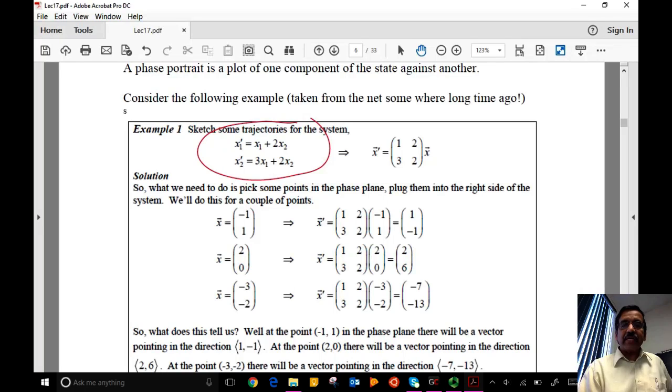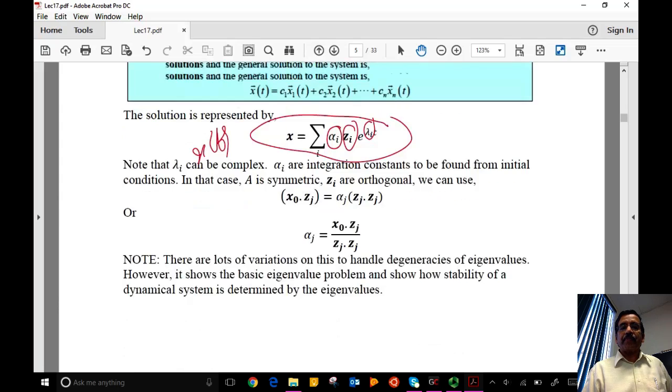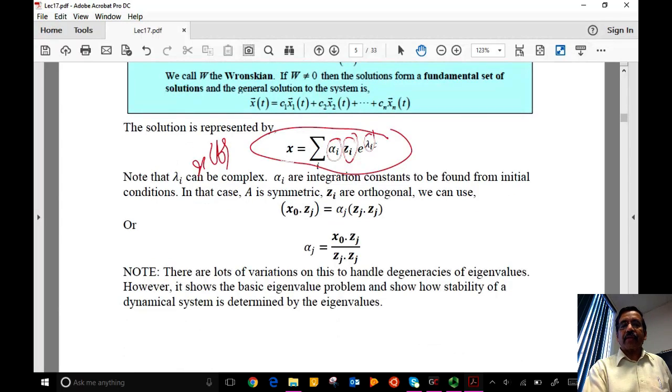So I have a solution to this problem that is given in the form that you see here. I will have two terms in the series, with two eigenvalues and two eigenvectors. And if the real parts of both eigenvalues are less than 0, it's going to be a stable system, and the trajectory will essentially go towards a steady state.